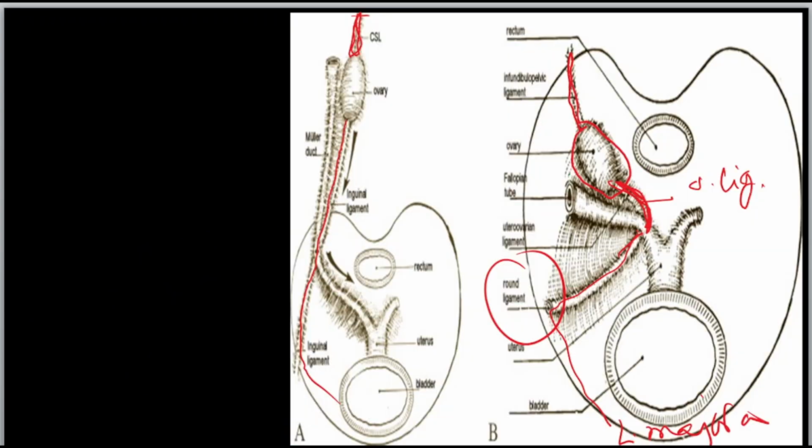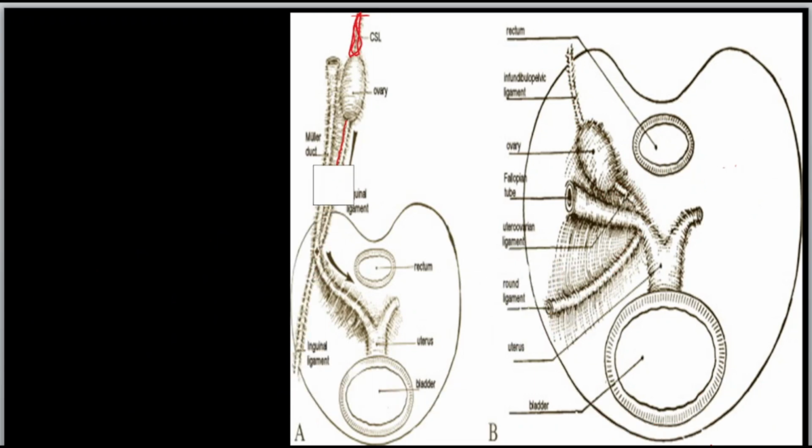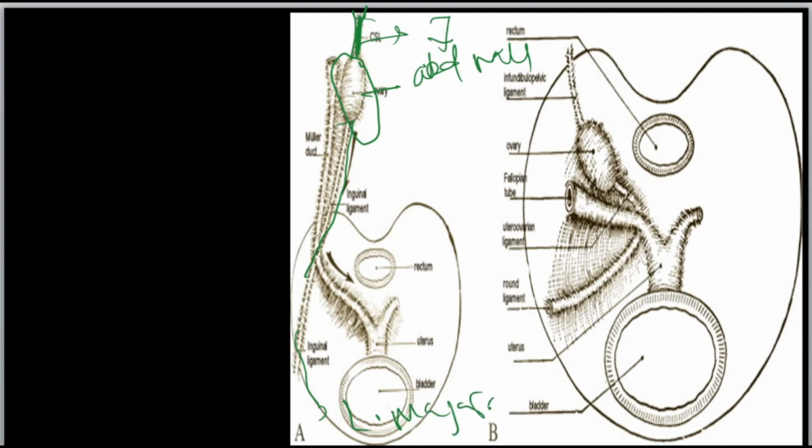Look at this figure. This is gubernaculum. This is the ovary. It is in the posterior abdominal wall. It descends by the help of gubernaculum. One end, the cranial end, has abdominal wall attachment and the caudal end with labia majora.